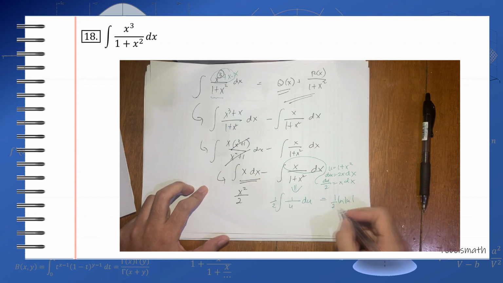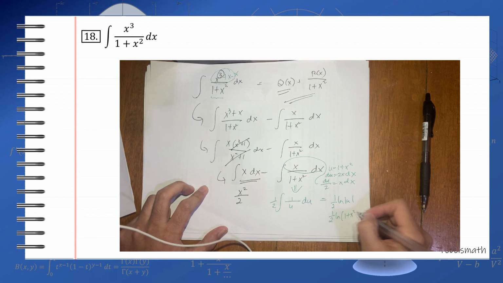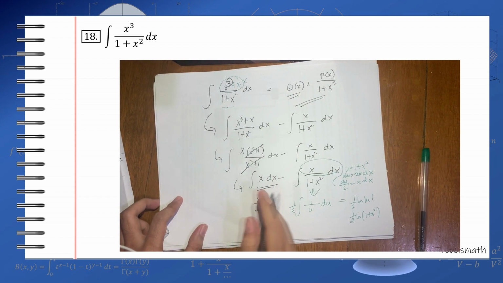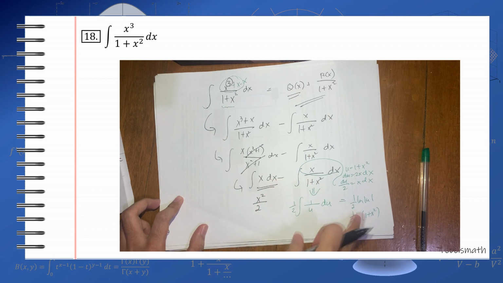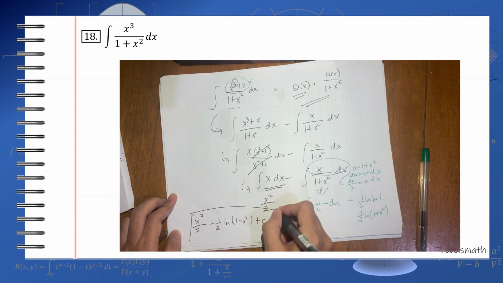So this is 1/2 times ln of 1 plus x squared. There. So the final answer is this minus this. So it's x squared over 2 minus 1/2 ln of 1 plus x squared plus c.